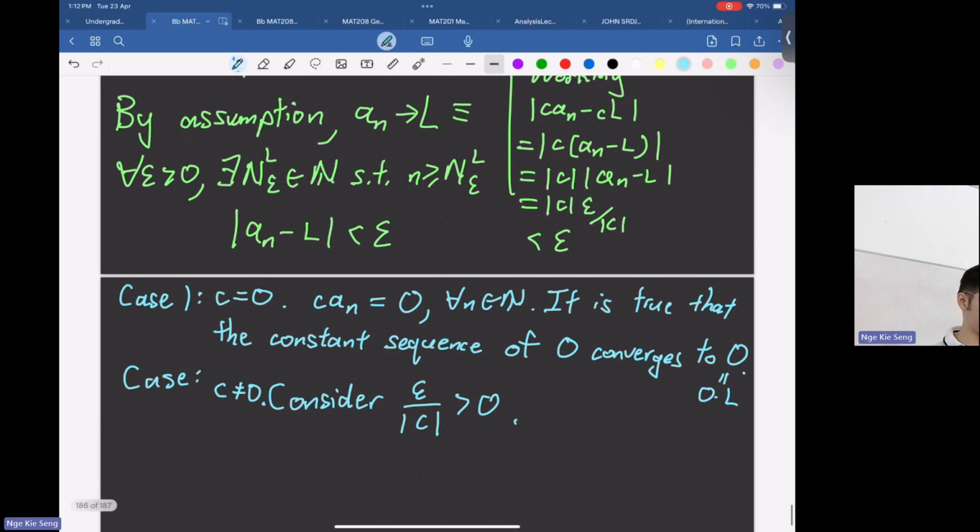Okay, so how do we prove this? By assumption, a_n converges to L is true for all epsilon.